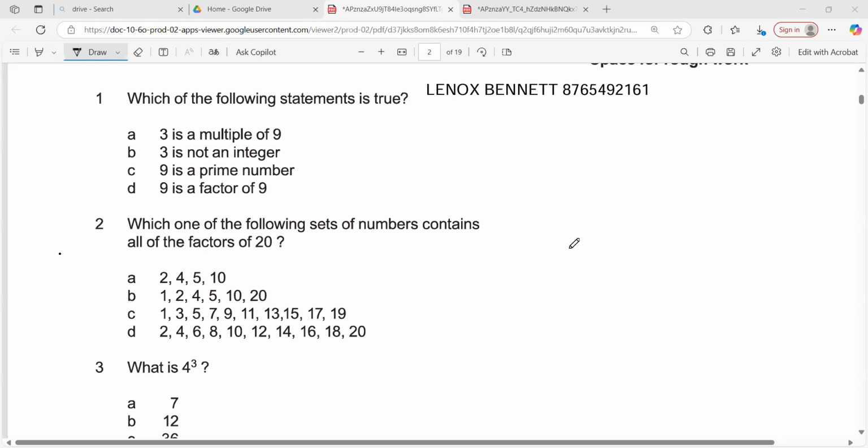C says 9 is a prime number. 9 is not a prime number because it has more than 2 factors. And then the answer would be D, because 9 is a factor of 9, because one of the factors of a number is itself. So what's the answer? All right, D for dog.